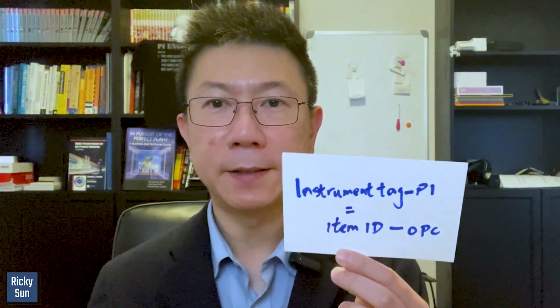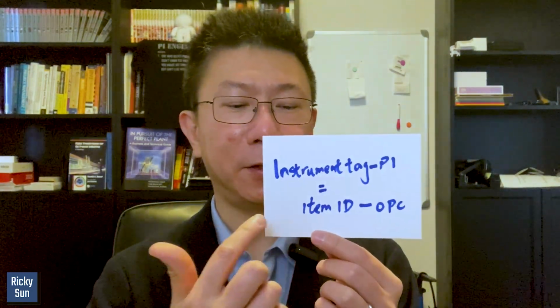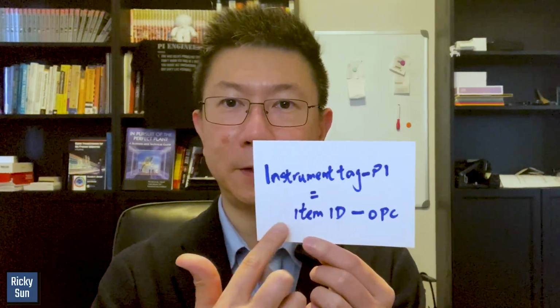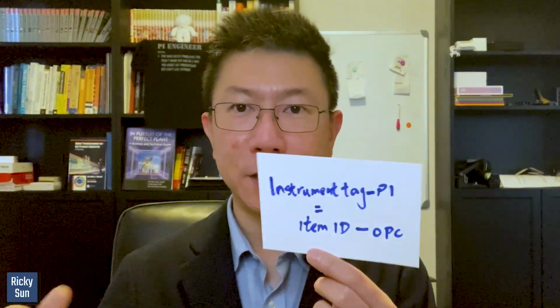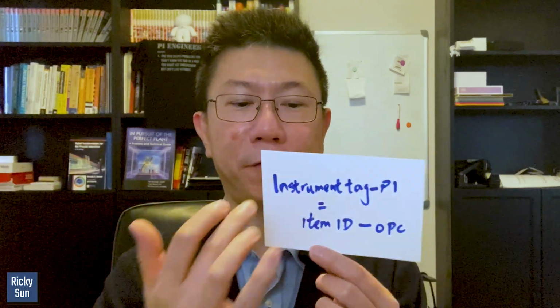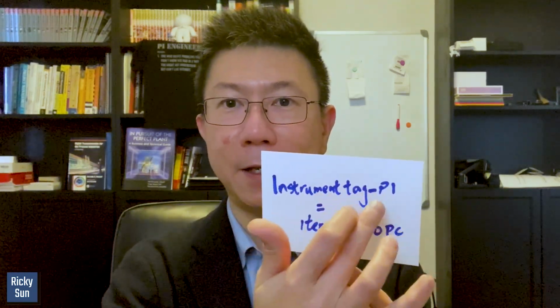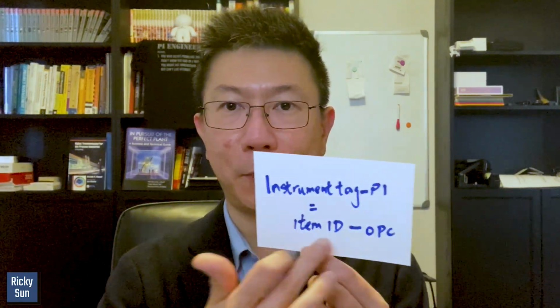We call it that many times. Then configure it. When I create the tags, what we see in the OPC server is the item ID. What we need to create in the Pi server is a tag with an instrument tag that links to the item ID.